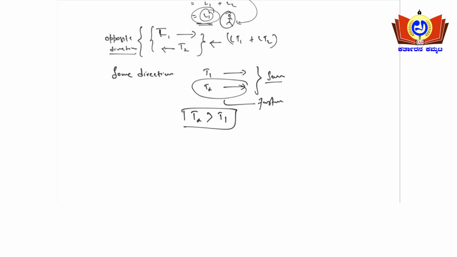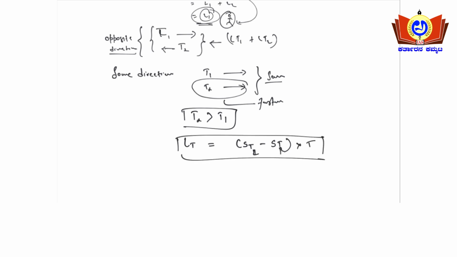So what is the time they will be asking here? The total length of the trains will be the speed of T2 minus the speed of T1, into time, which is the distance here. This is the formula you need to apply.